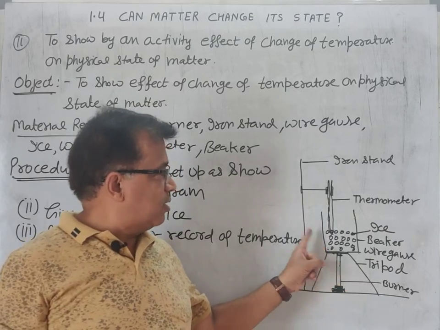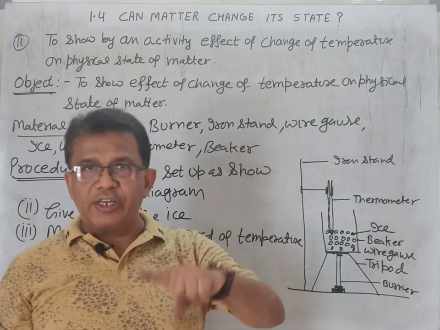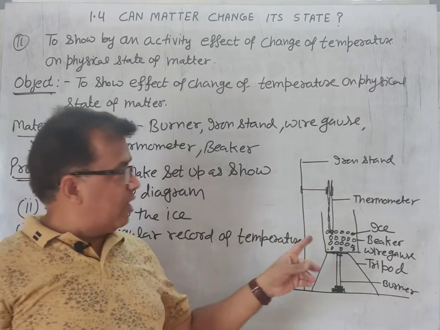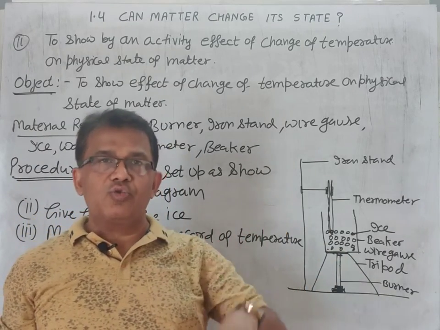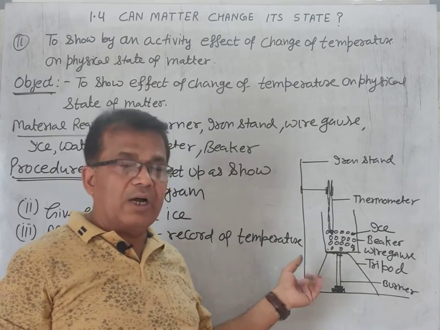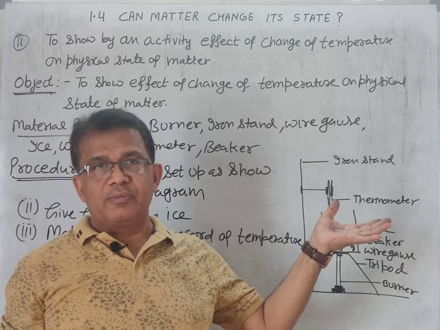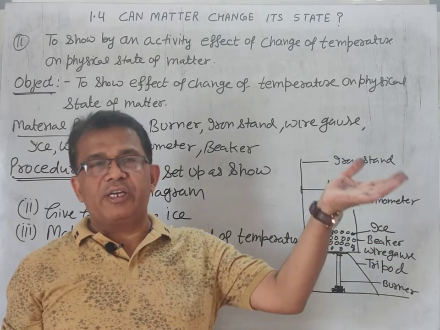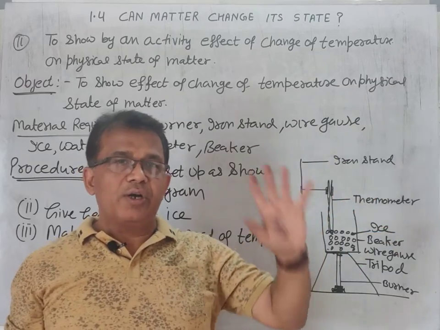At that point, ice will start converting into water, that is, into liquid form. When the whole ice has converted into water, the temperature will again start rising: 1 degree Celsius, 2, 5, 10, 20, 50, up to 100.